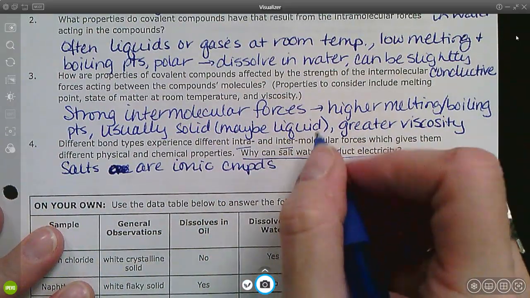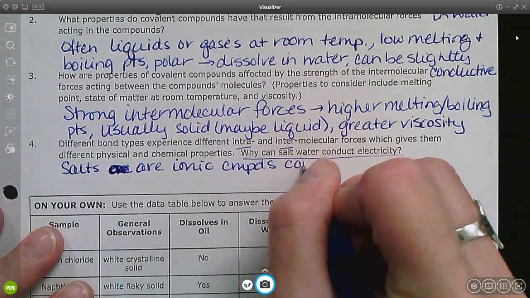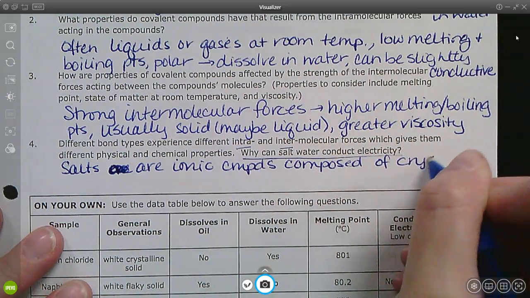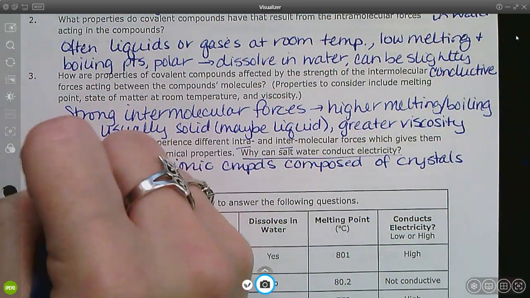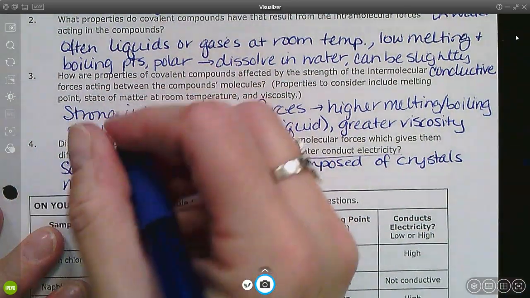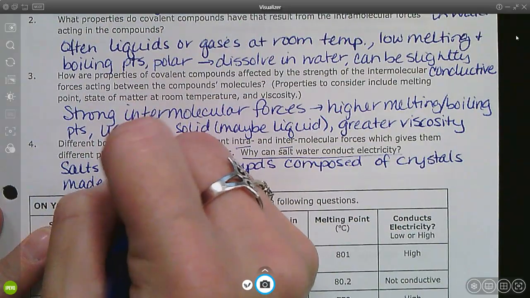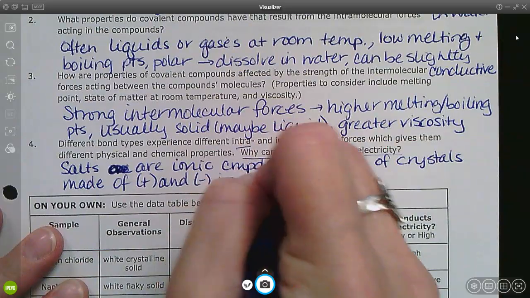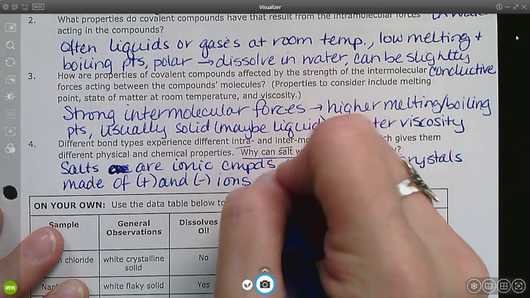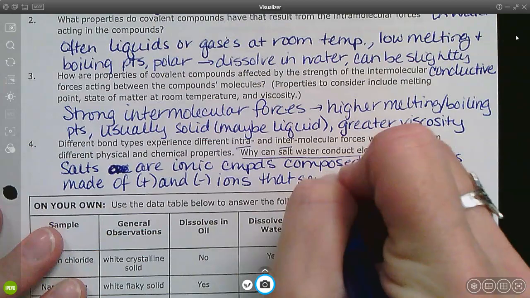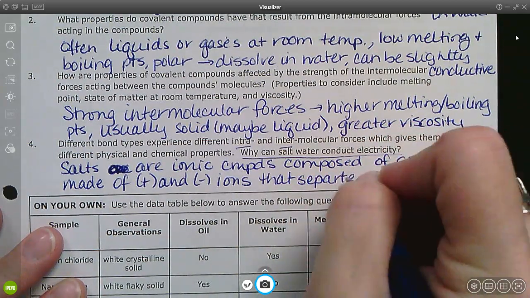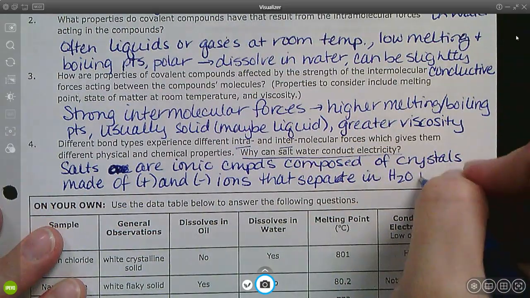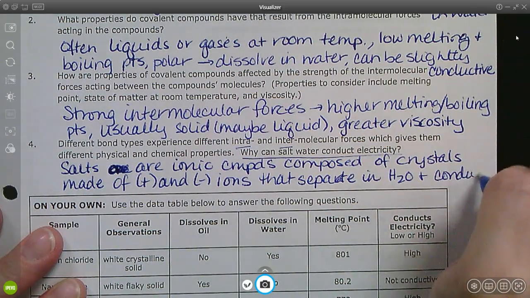So they're ionic compounds composed of crystals made of positive and negative ions that separate in water and can conduct electricity.